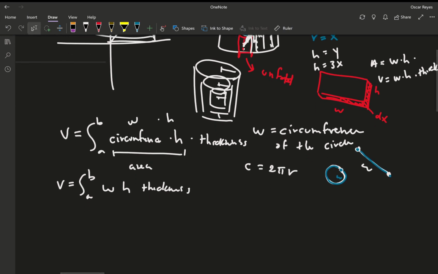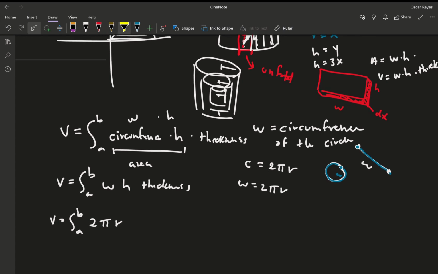Now that we know that W is equal to 2 pi r, our volume from A to B has W as 2 pi r. Our H, we know it to be Y, because that's what we found out here earlier. And our thickness is dx.